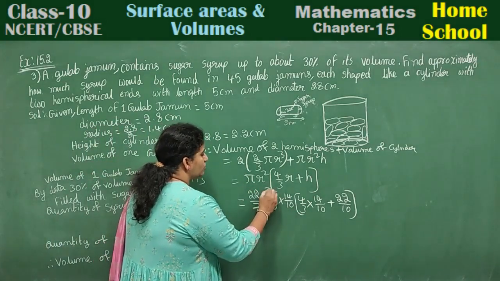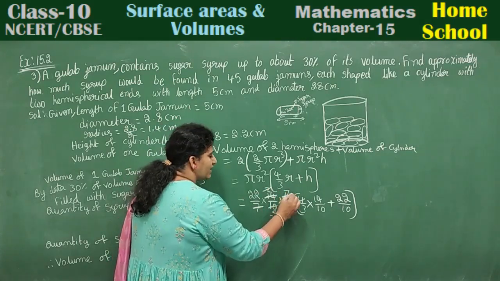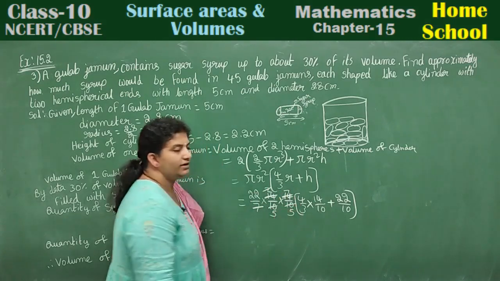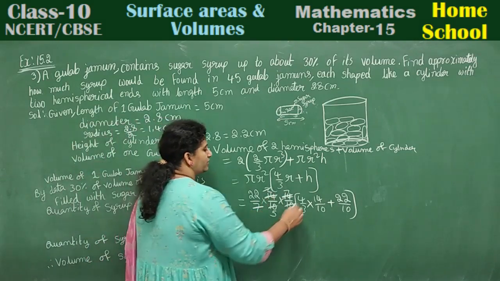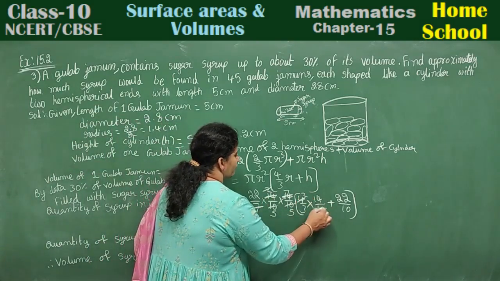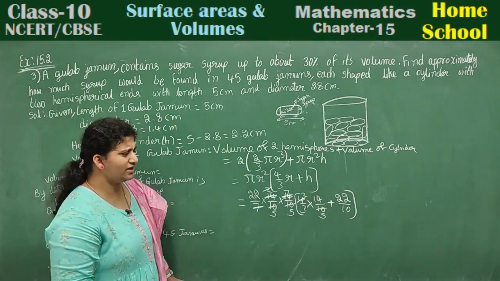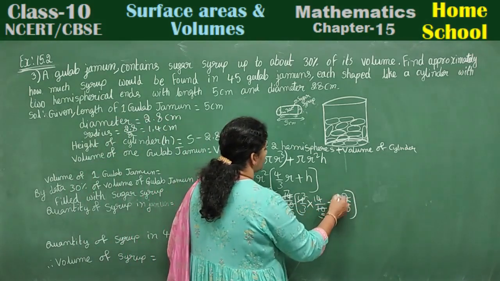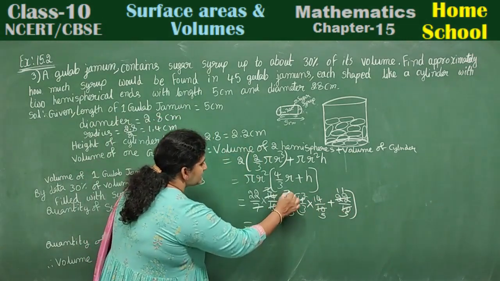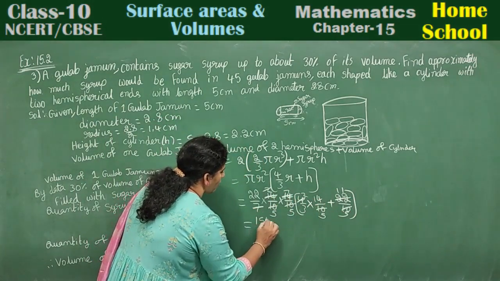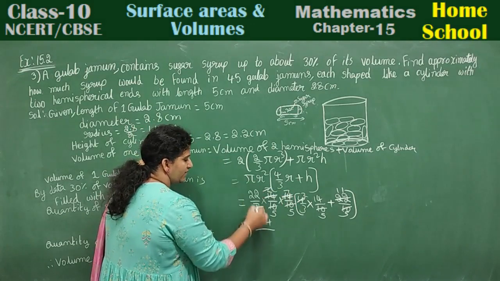Now, 7 2s are 14, 2 5s are 10. 2 7s are 14, 2 5s are 10. Is there anything to cancel here? No. Now inside, 2 2s are 4, 2 5s are 10, or 2 7s, 2 5s also you can do. Anything is okay, no problem. And here also 2 11s, 2 5s. Now write this one. 7 into 22, 154. 7 2s are 14, plus 1, 15.